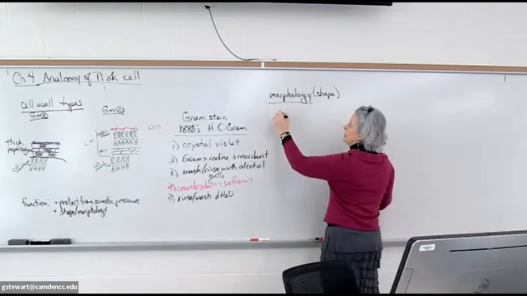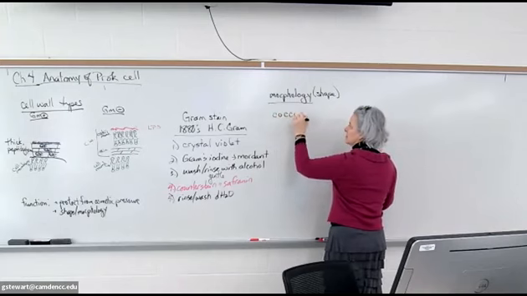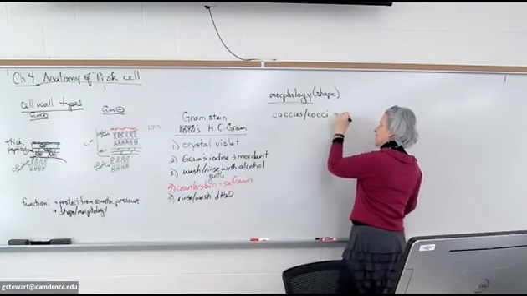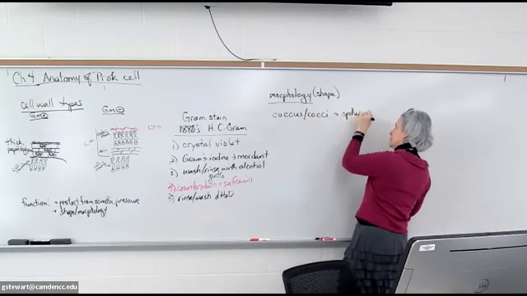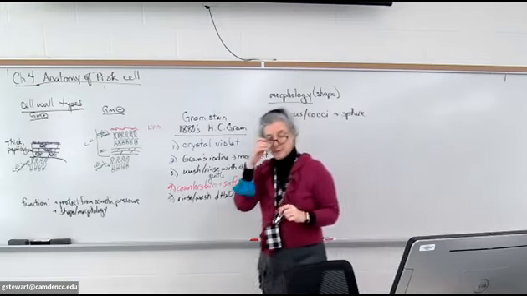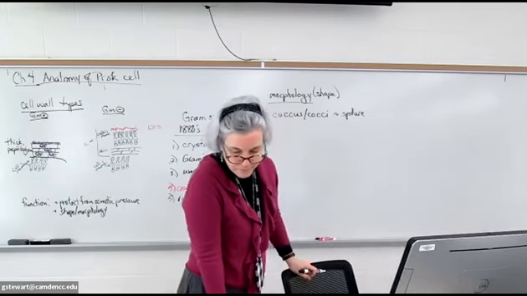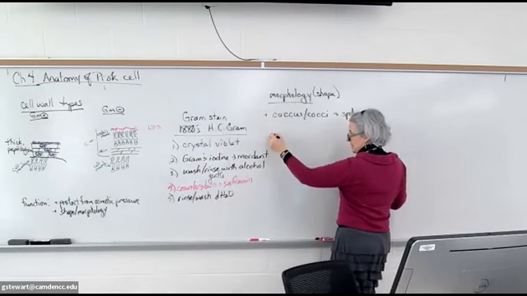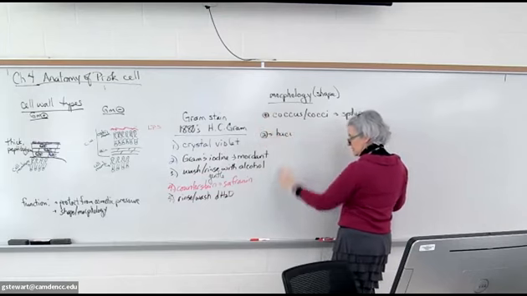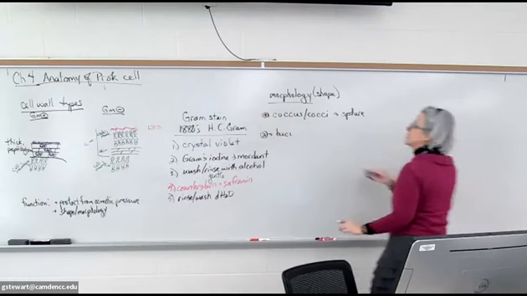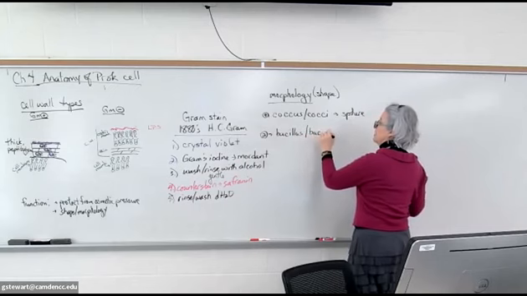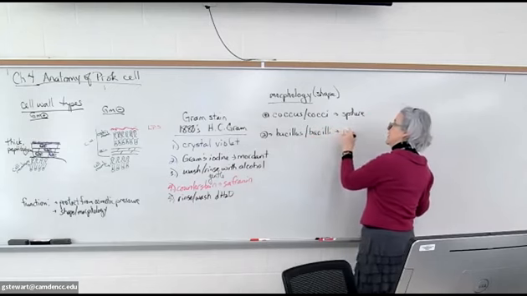They come in coccus, or cocci, and that is a sphere shape, or round. They come in bacillus, or bacilli, and that would be rod shaped.